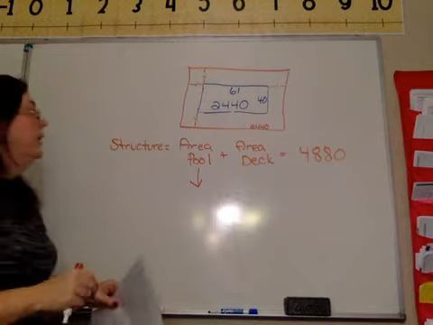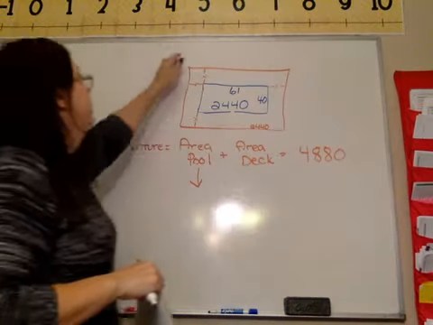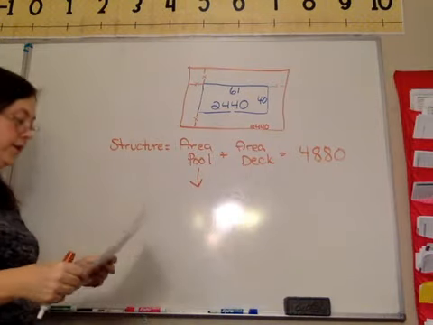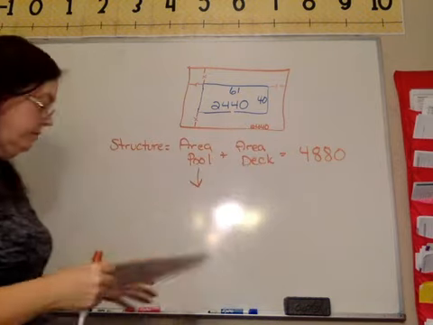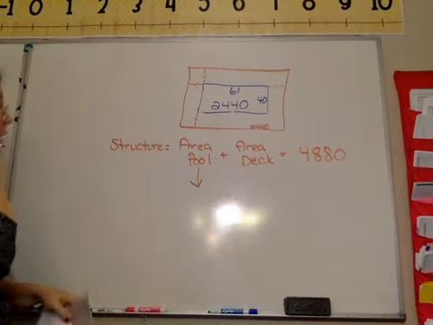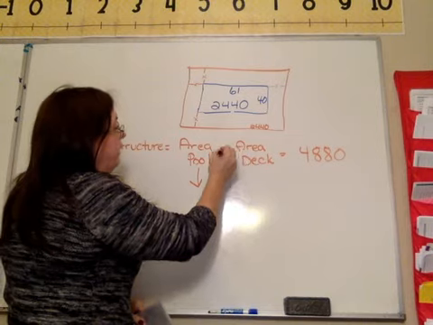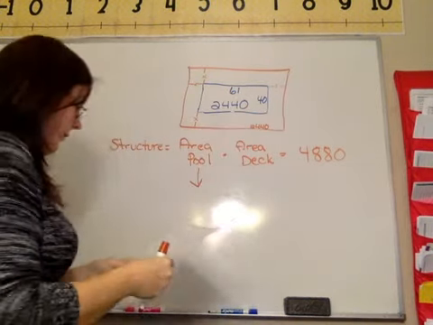All right. So if we want the area of the whole entire structure, this whole thing, then we have to multiply this one by that one. Okay? If we want the area, that's what we've got to do. I put plus. We want to multiply.